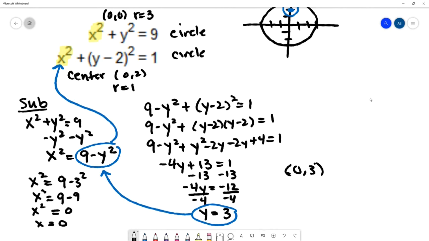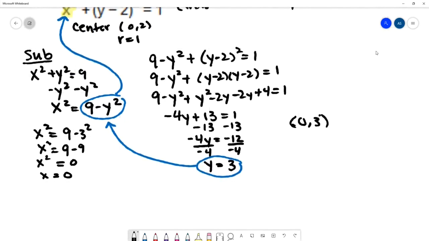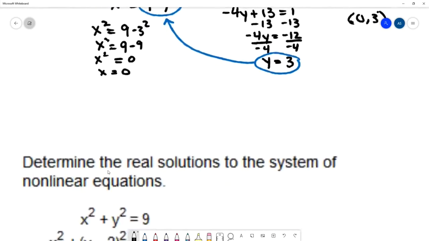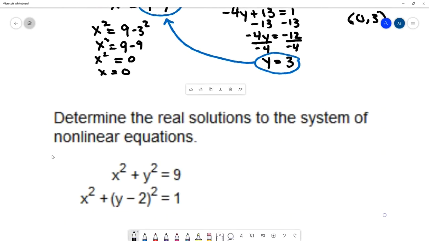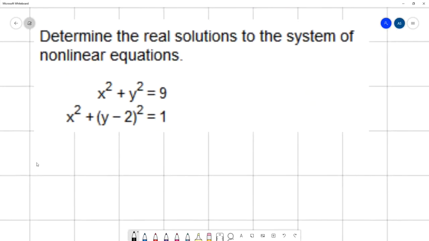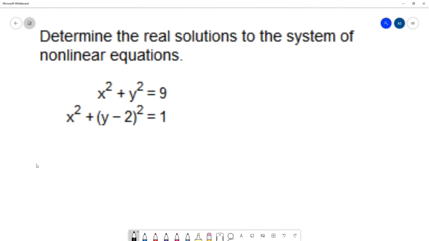Now I could also try this with the elimination method. So with the elimination method, I would look for terms that I could eliminate. I've got the x squareds being like terms, and the y's are not like terms, so I'm not going to be able to eliminate the y's.